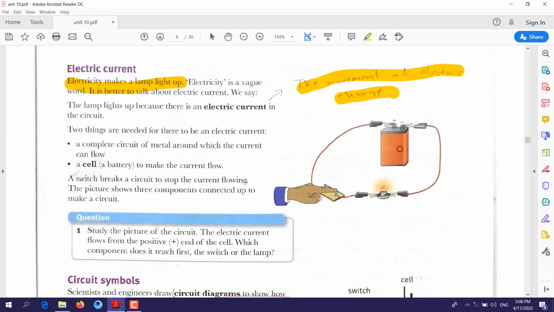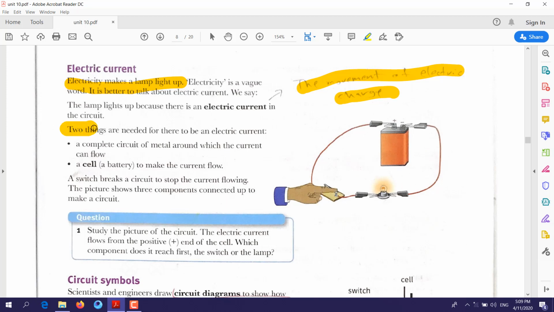If you look at this diagram, what do we have? We have a battery cell, wires, a switch, and a bulb or lamp. Electric current is when the charge moves through the electric circuit.